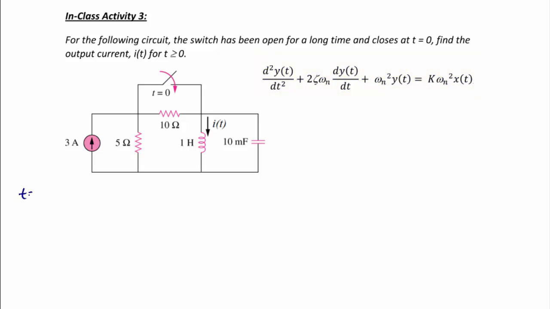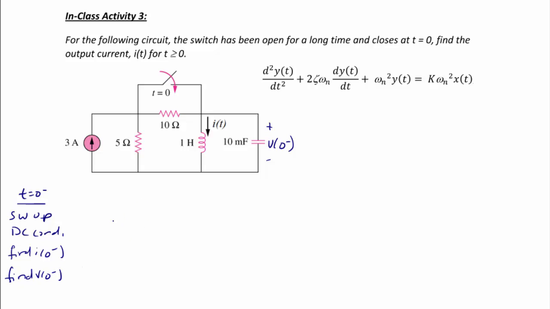As before, the first thing we're going to do is find the initial conditions. So we draw the circuit at t equals 0 minus when the switch is up under DC conditions. And we use this to find I of 0 minus, the current through the inductor, which is continuous for all time, and to find V of 0 minus, the voltage across the capacitor, which is continuous for all time.